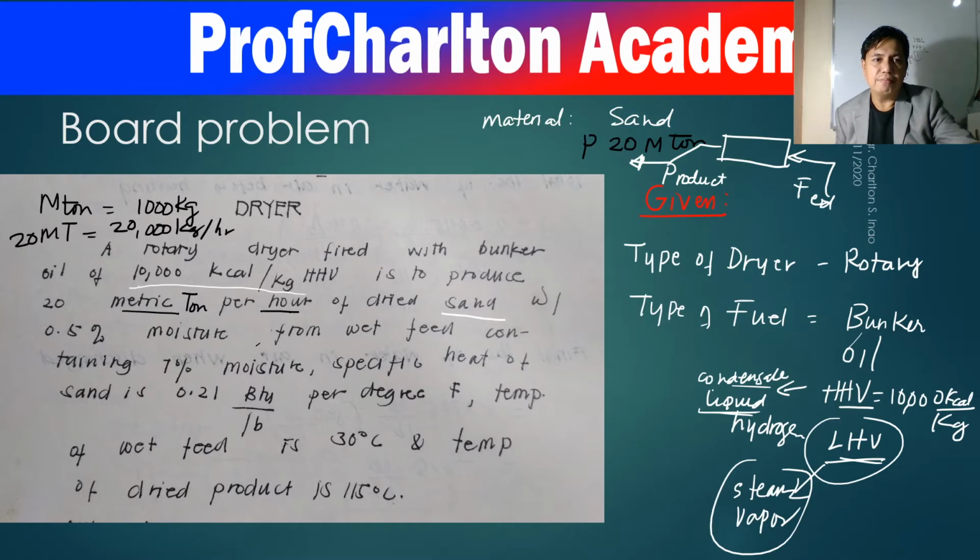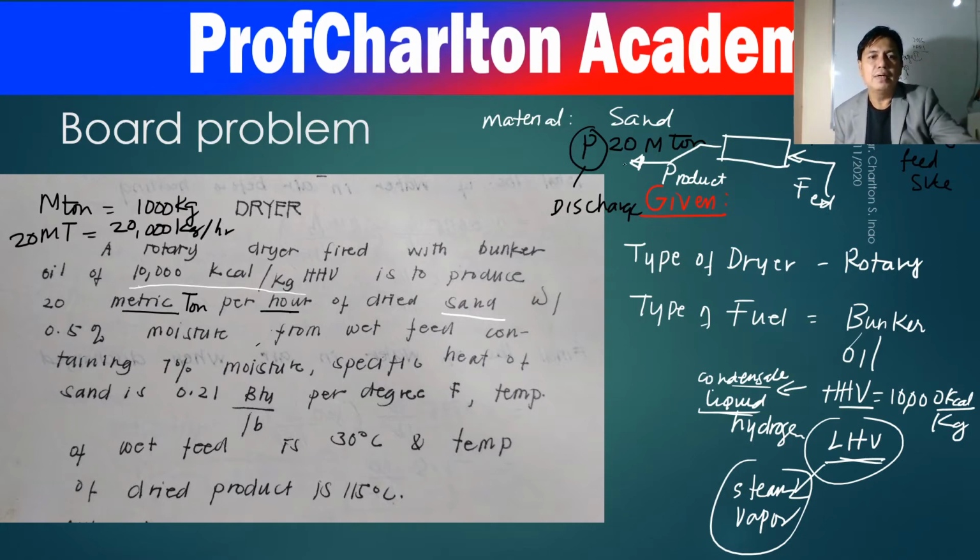What about the F? The F is the mass flow at the feeding side, the entry side, the entrance. P is the mass flow rate at the discharge side, the product.